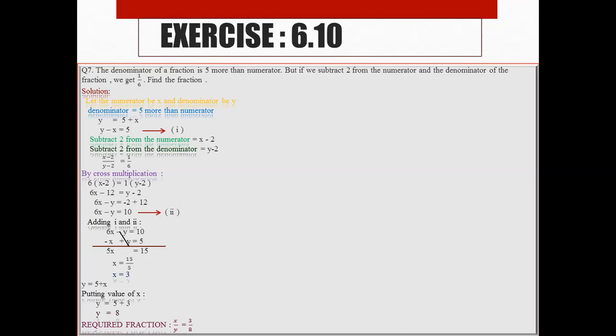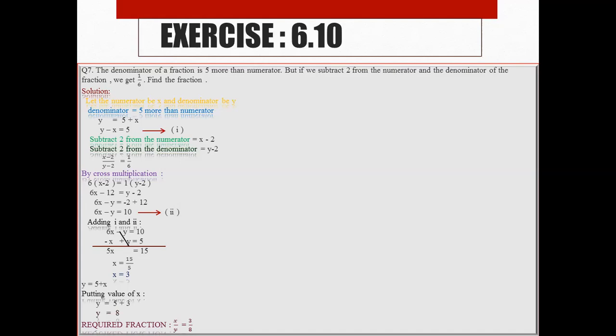Then the answer will become 1 by 6. In the question they mention we get, so again we put an equal sign. X minus 2 over y minus 2 is equal to 1 by 6.